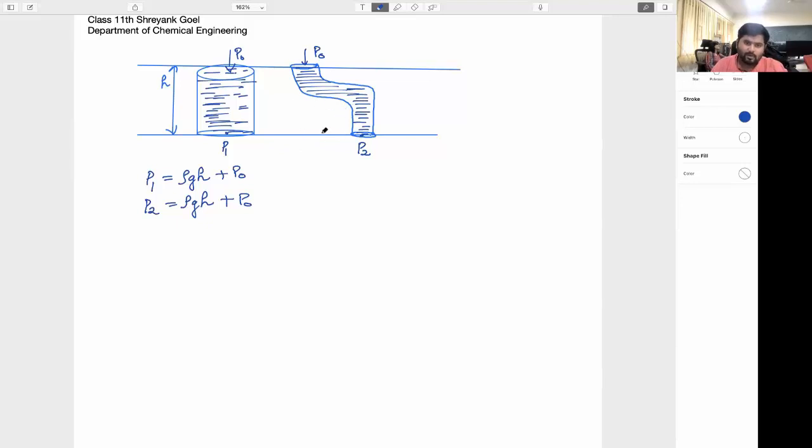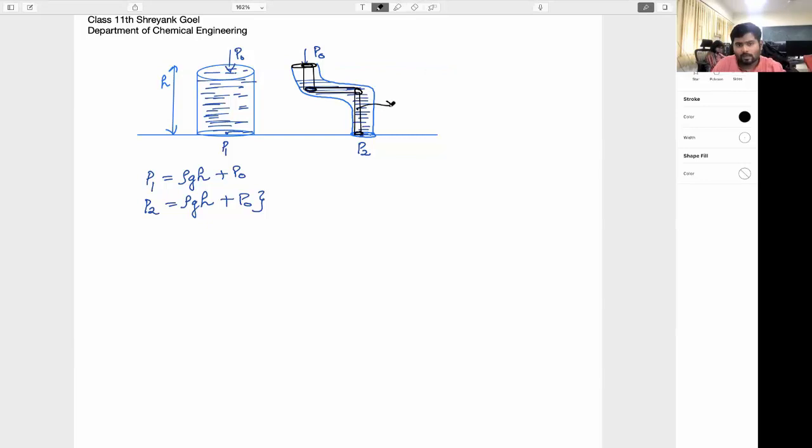In order to derive that P2 also comes out the same as P1, we are considering cylindrical fluid parcels, let's say three fluid parcels, something like this, and we will check the variation of pressure in them. I'm taking three fluid parcels of cylindrical shape.